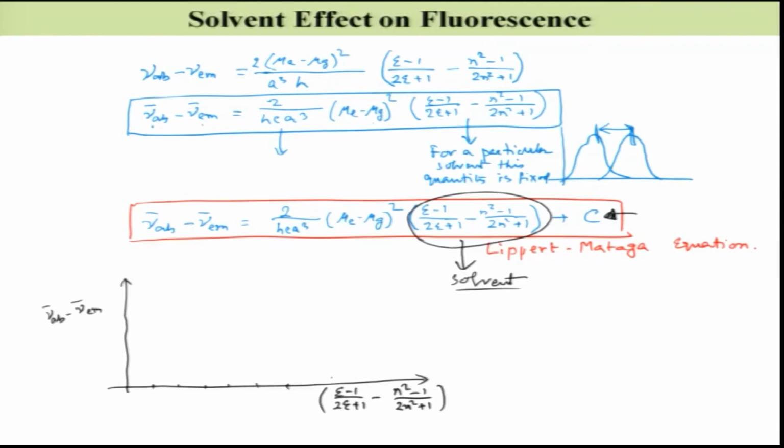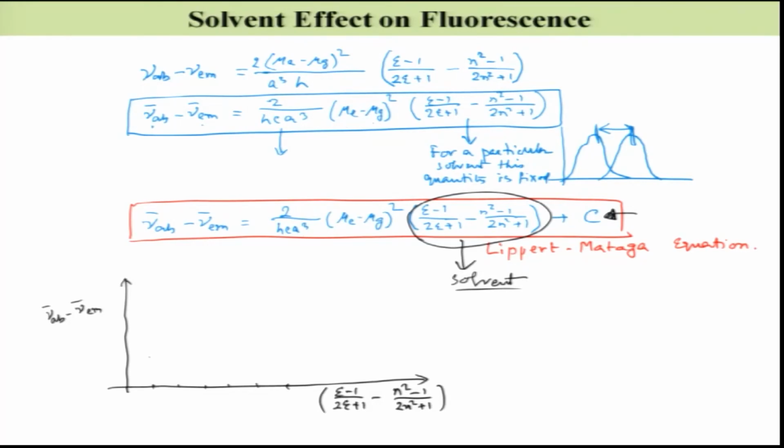So what will I get? I will get a straight line. This is a straight line equation, y equal to mx plus c. So I will get a straight line with an intercept of C, and the slope will be equal to 2 by h c a cube into mu e minus mu g whole square, right.